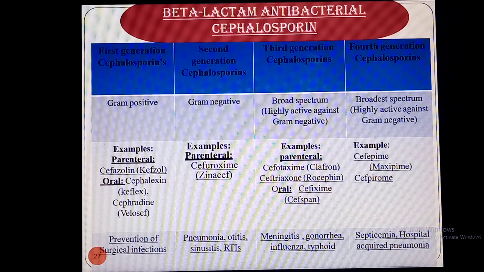It means that the gram negative activity increases when we go from left to right, from first, second, third and fourth.